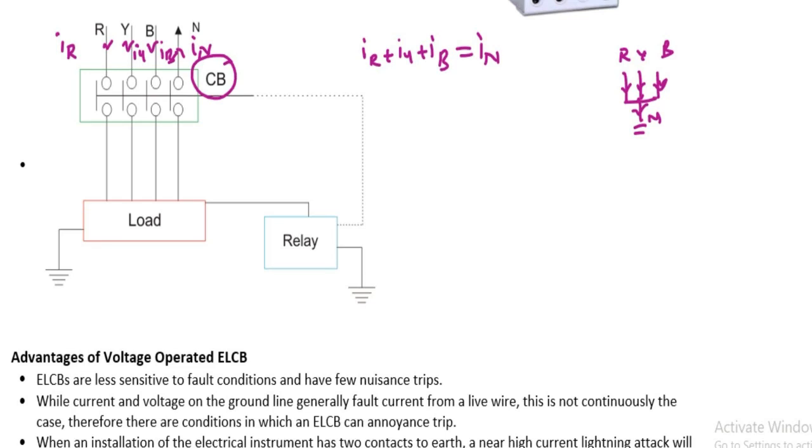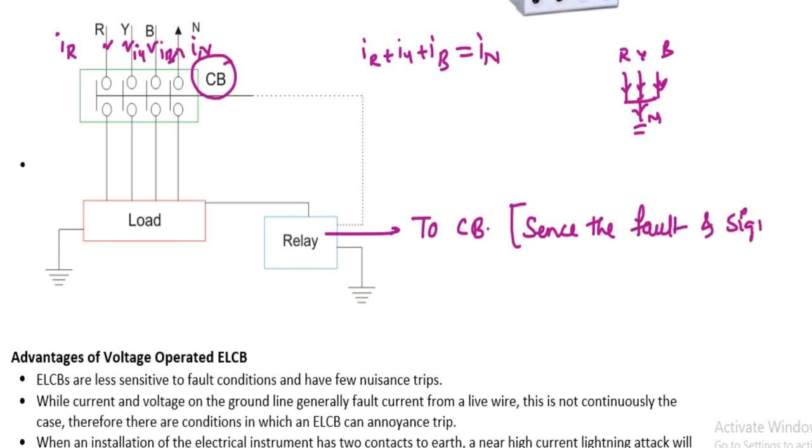So these are the contacts to the supply, and this is the relay. The relay will send a signal to the circuit breaker to open the circuit. It sends the fault signal, and signals the circuit breaker to open.